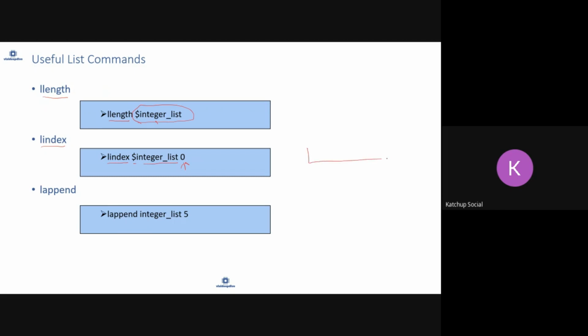So for example, I have, let's say, indexes 0, 1, 2, 3 with values A, B, C, D. So lindex 2 will return the value C. Then if you want to append to a list, lappend, no dollar here, 5 will append another element 5 to the end of the list.